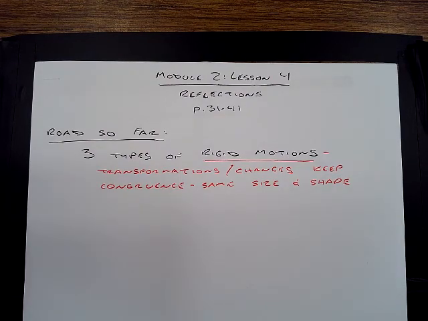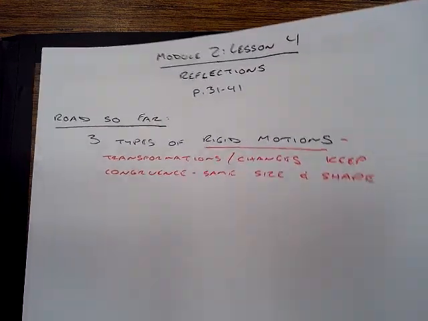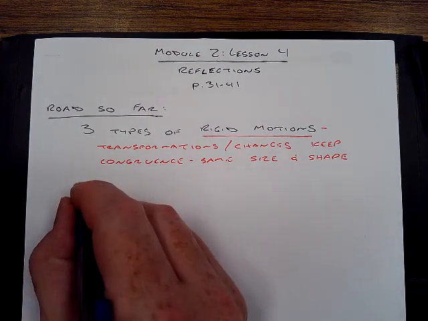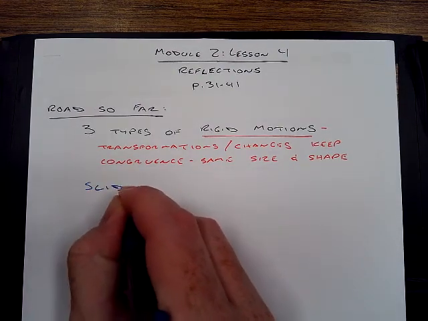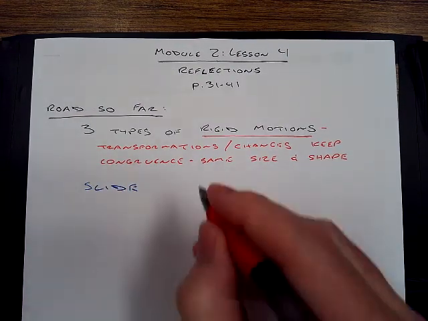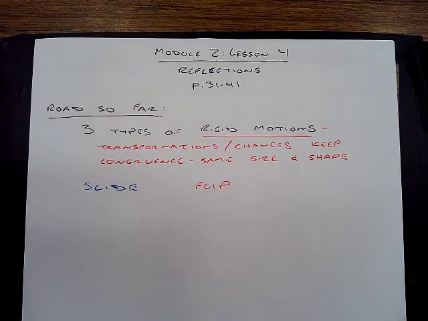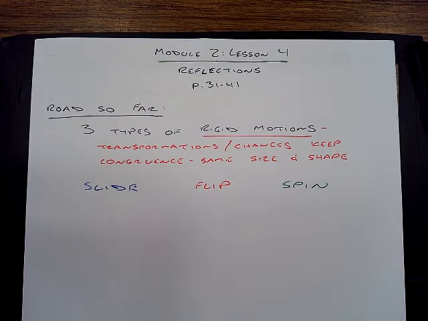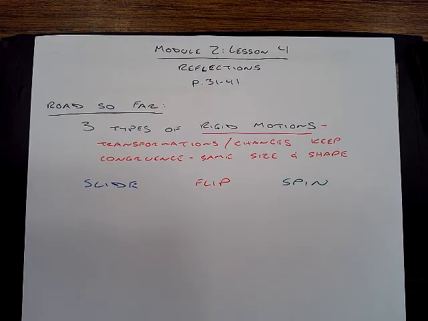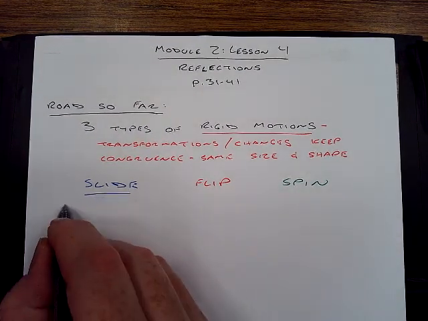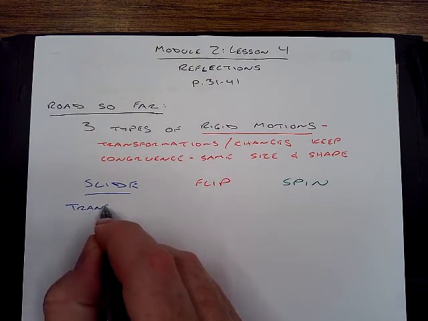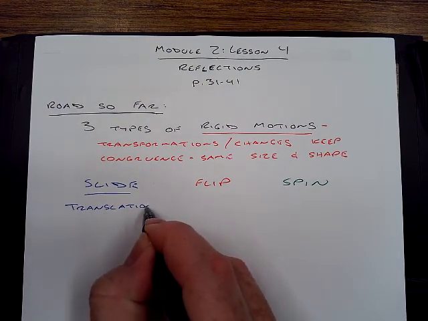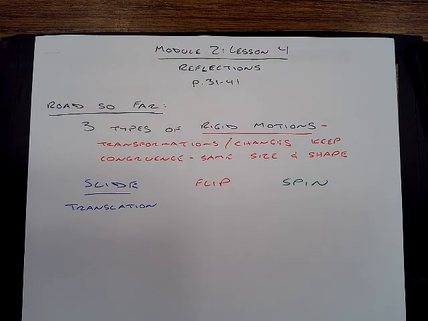Now we talked about the common language for these. We said that there's a slide, a flip, and a spin. Now the slide we talked about in lessons 2 and 3 are also called translations. A slide is a translation.